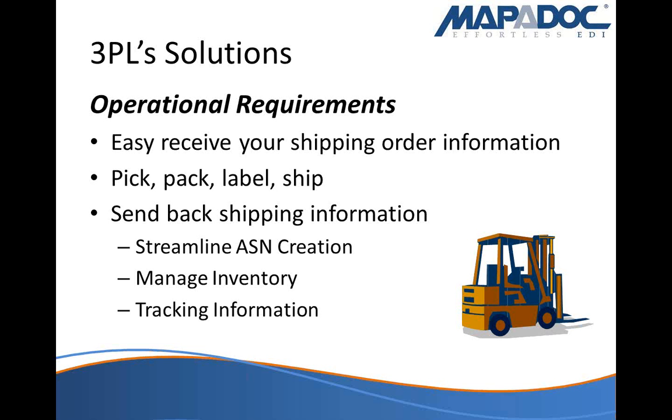They must also be able to pick, pack, and ship your orders to the trading partner's requirements and specifications, and communicate that shipment information back to you so that you can create your ASNs, manage your inventory, and provide the correct tracking information that needs to be on the advance ship notice.